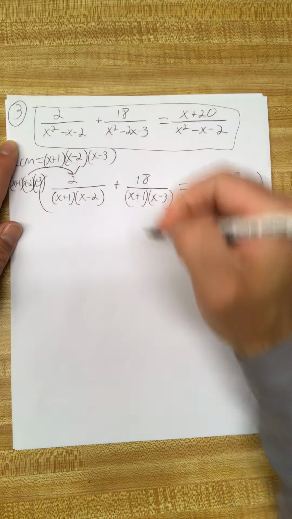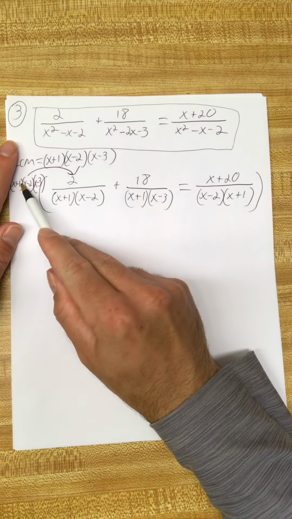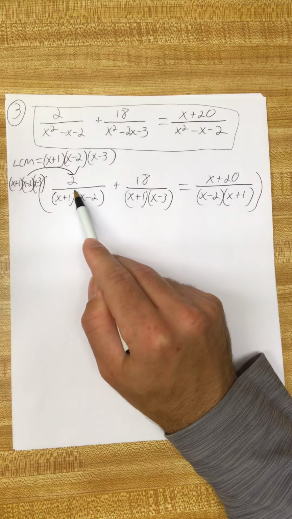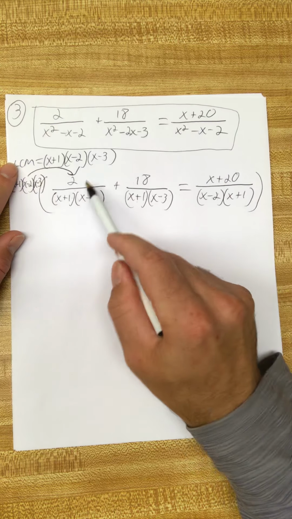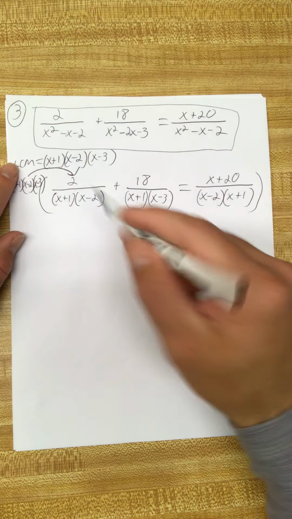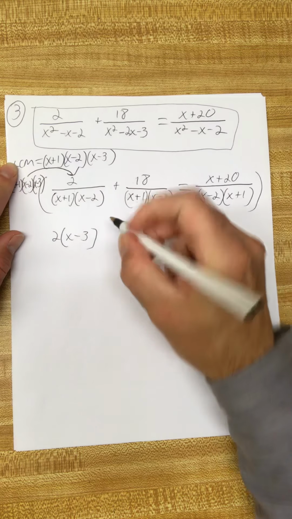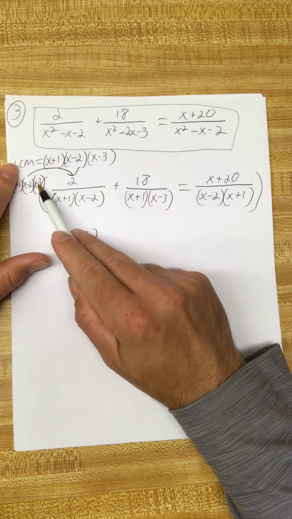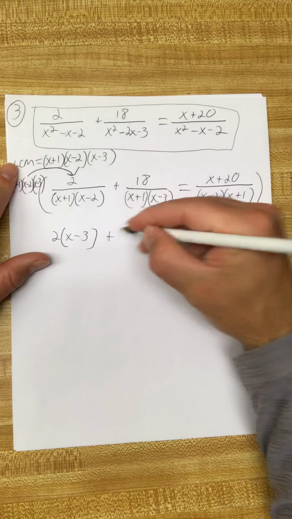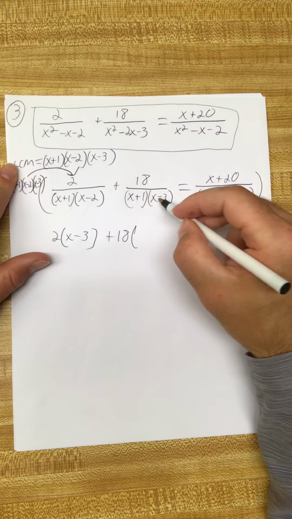And distribute that out. Okay, so in my first fraction, I'm going to have x plus 1 divided by x plus 1 is 1. I'm also going to have x minus 2 divided by x minus 2 is also 1. So the only thing I'm going to be left with is 2 times x minus 3. You're going to be left with whatever's not in the denominator. So when you move to your next fraction then, you have x plus 1 and x minus 3.